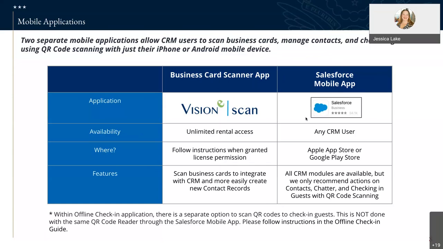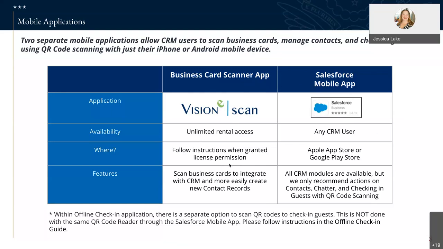Basically, with the business card scanner app, you have to get access, you have to receive permission from the help desk and get this license assigned to you so you can use it. However, any CRM user can use the Salesforce mobile app and log in and interact with their CRM platform there.